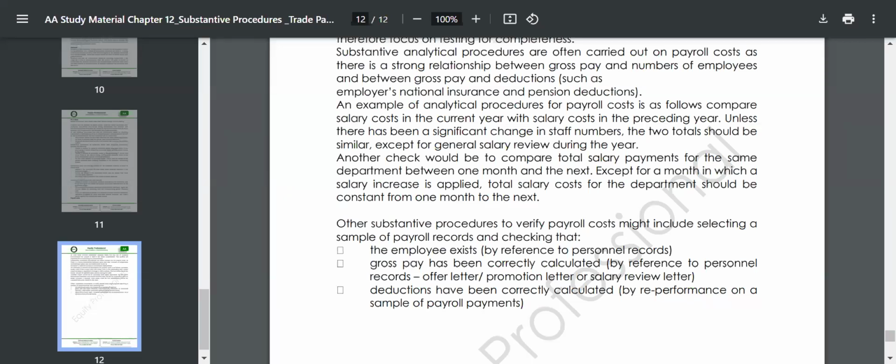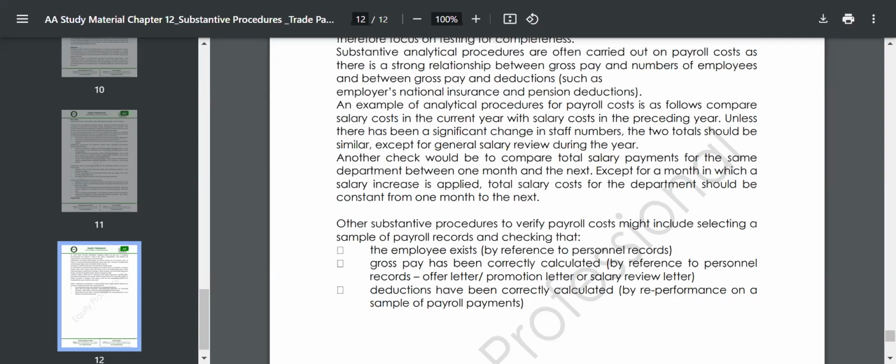Take for instance, under your bank and cash balances, you want to ascertain the figures in the balance. So you do circularization to the bank, you get the bank statement. You are getting the bank statement to see a list of all transactions of the entity. Why you are doing circularization is to confirm those transactions and their account balances.